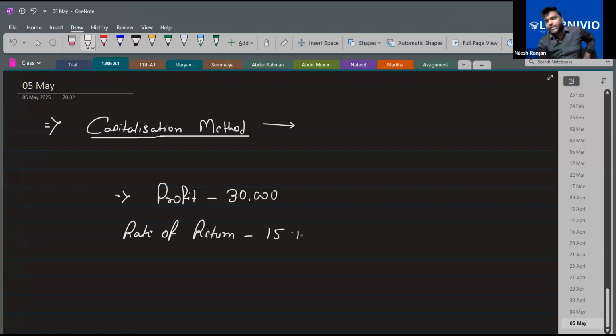Now, can you tell me how much money you have to invest in your business to earn this profit? How much money you have to invest so that you will earn this profit at this rate, 15%. Madiha, what will be the amount?